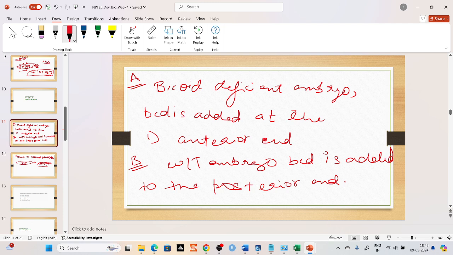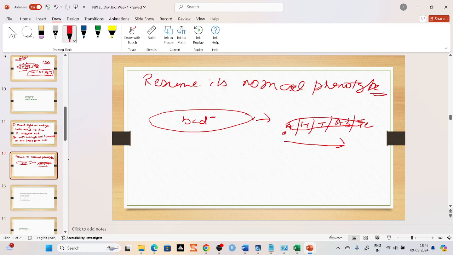Then the next question was, in a wild type embryo, if bicoid is added to the posterior end also. So if bicoid is added in the posterior end also, that means here head and thorax form. Here also, depending on the concentration, head and thorax would be formed, and in between there would be abdomen, and there would be acron at both ends.